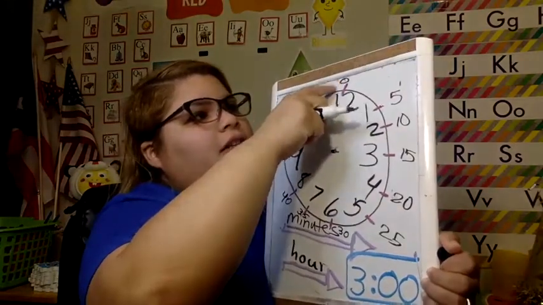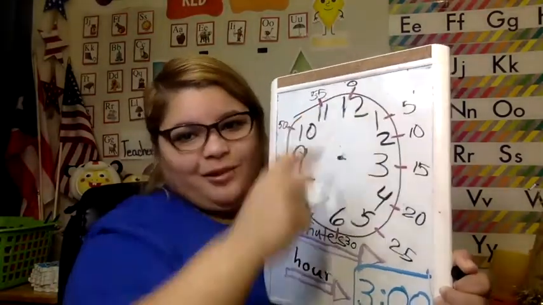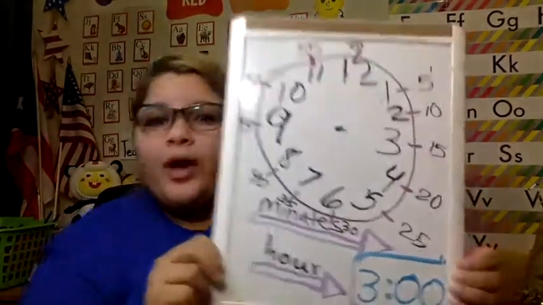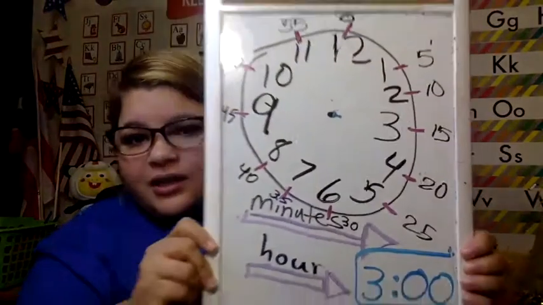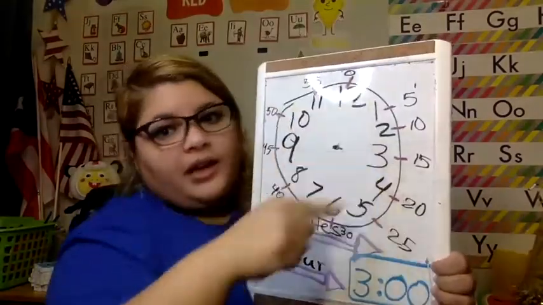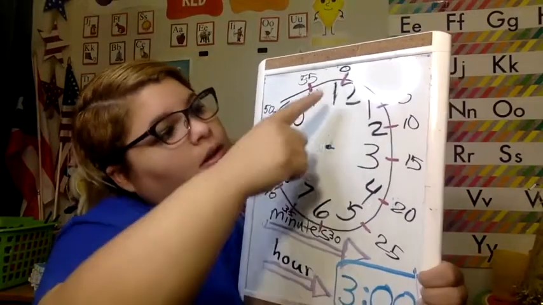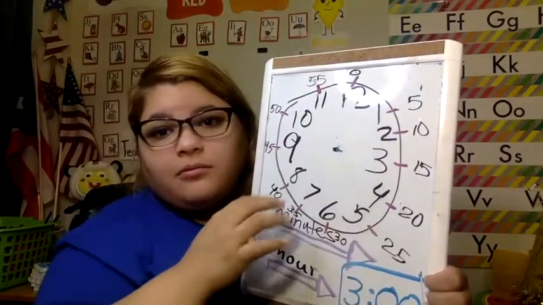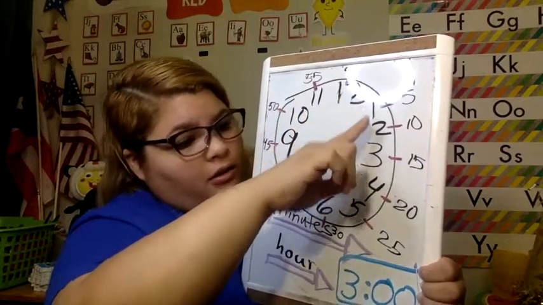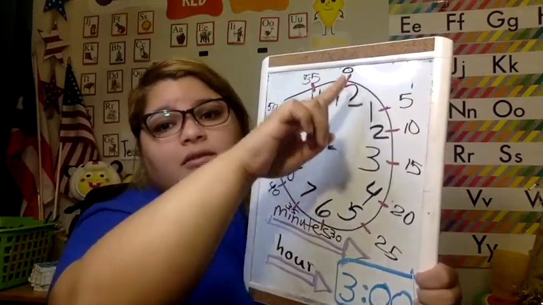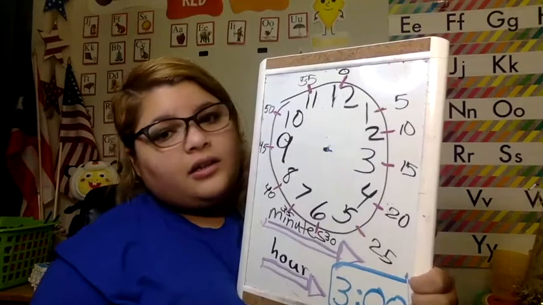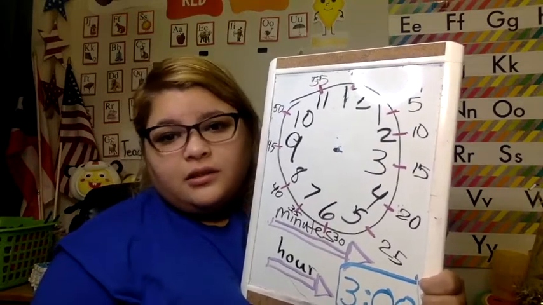So let's just leave the 0 there. The 0 looks like an O. You should understand that the analog clock has 12 numbers. Now, every time the hand goes around the entire clock, it changes.